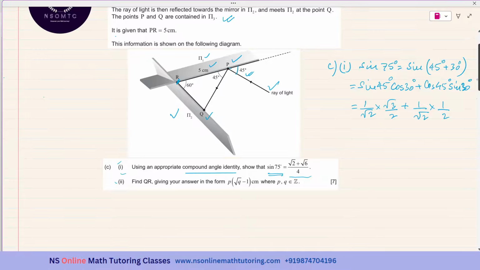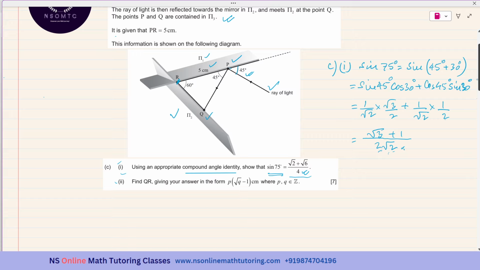So this is equal to, I'm seeing there is the common denominator of 2 root 2. So it is root 3 from the first term and 1 from the second term, and we are having a denominator of 4 over here, it is 2 root 2. If I multiply root 2 in the denominator, root 2 times root 2 gives 2, and 2 times 2 will be 4.